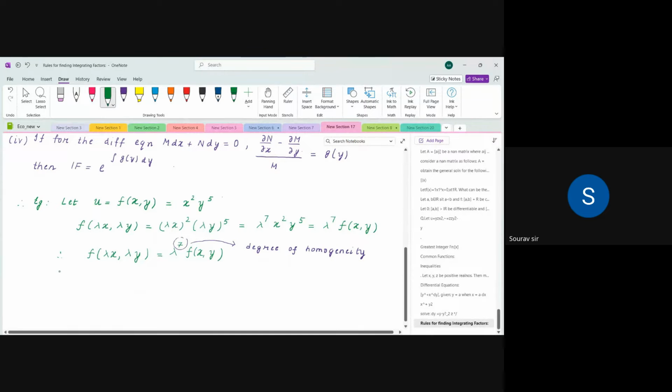Let's take one more example. Let u, which is a function of x comma y, be given by x into y plus y. So now if you try to find the function of lambda x and lambda y, what are we getting?